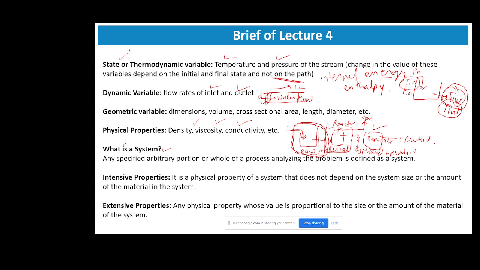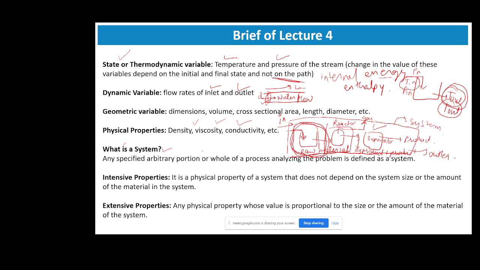When you are doing component-wise mass balance for a particular system, these individual systems will be considered. There will be an overall mass balance also. In that case, you will consider the entire system, in which the total inlet and total outlet will be considered.